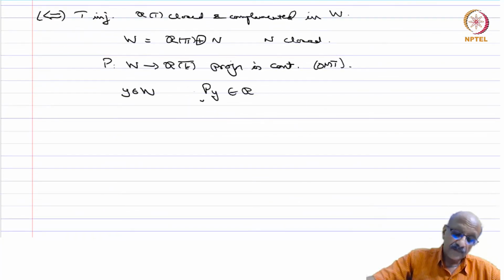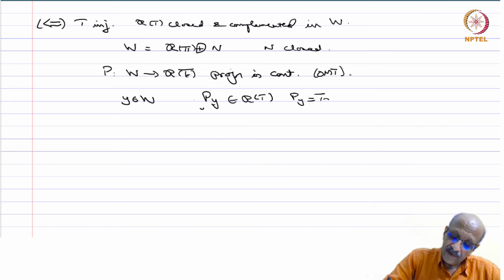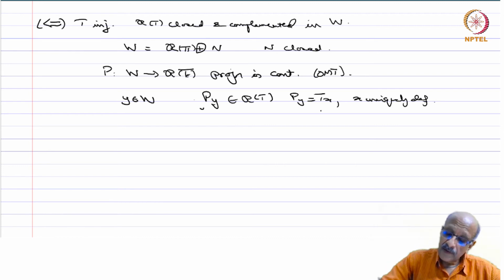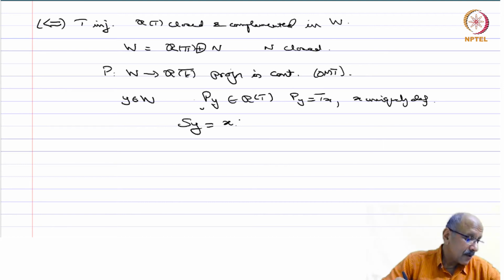So P of y belongs to the range of T, so P of y equals Tx, and x is uniquely defined because T is injective. So you define S of y equal to x. So it is well defined.